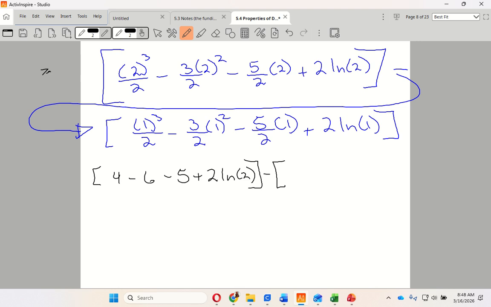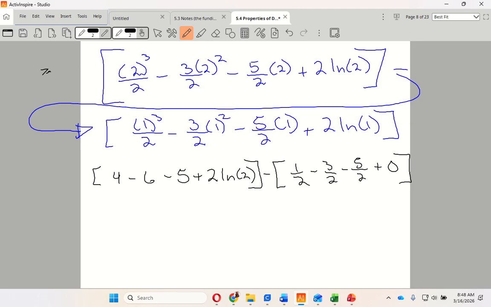Minus the bottom, which is going to be 1/2 minus 3 over 2 minus 5 over 2, and plus 0.